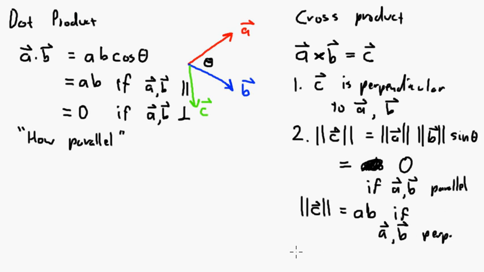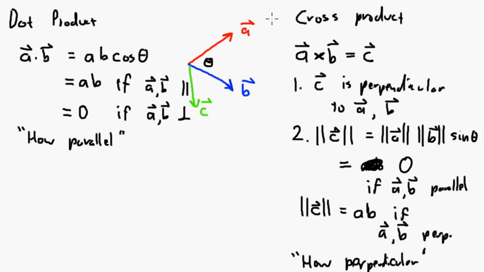So the cross product is a measure of how perpendicular two vectors are. If they are parallel, then the cross product is 0. If they're perpendicular, then the cross product is the magnitude of each vector multiplied together.